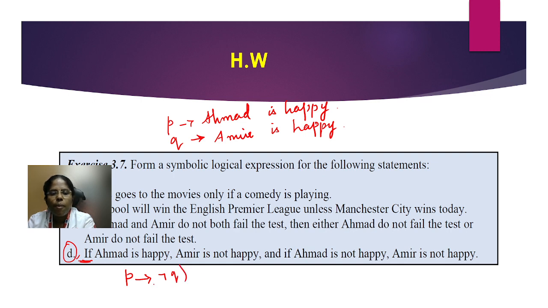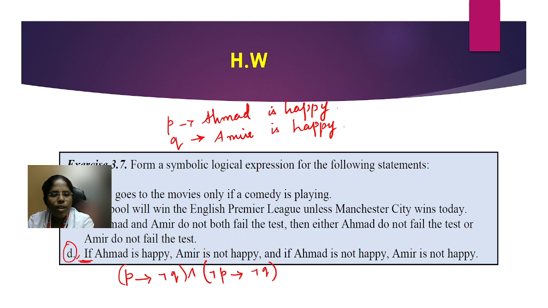And if Ahmad is not happy, means negation P, comma, Amir is not happy. So implies, Amir is not happy means negation Q. Like this we need to express in a symbolic logical expression. Please do the remaining 3 problems.